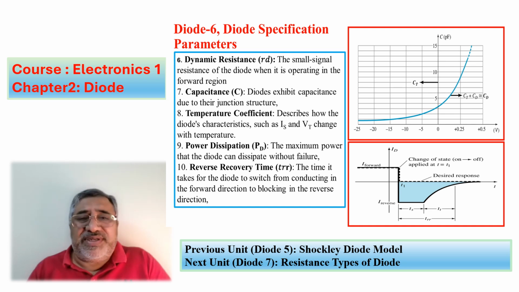Now the temperature coefficient describes how diode characteristics such as saturation current and threshold voltage change with temperature. Power dissipation is another important parameter: the maximum power that a diode can dissipate without failure, typically defined by the product of forward current and the forward voltage drop.